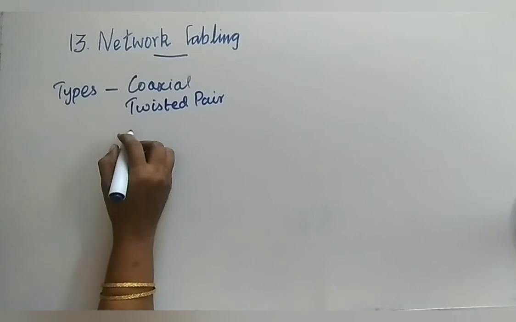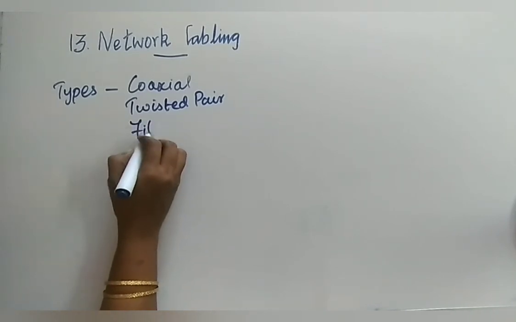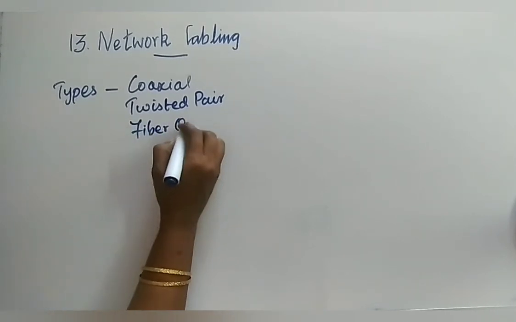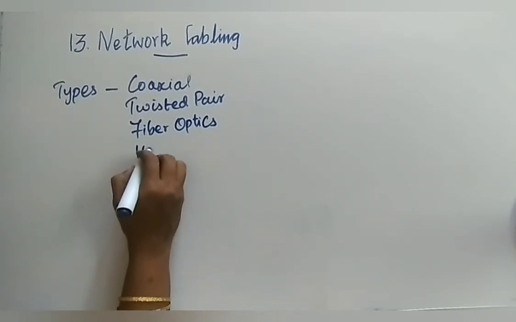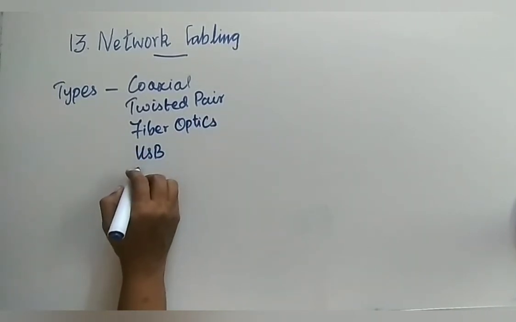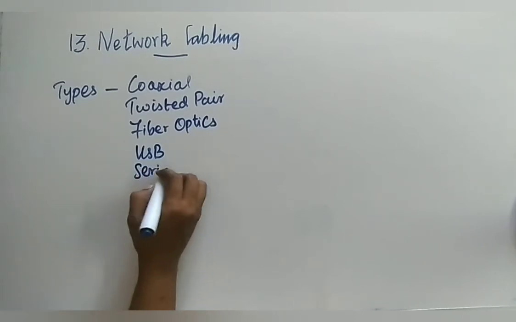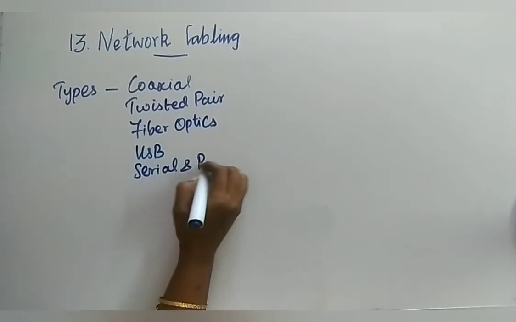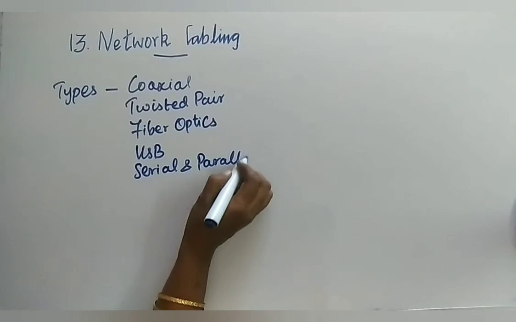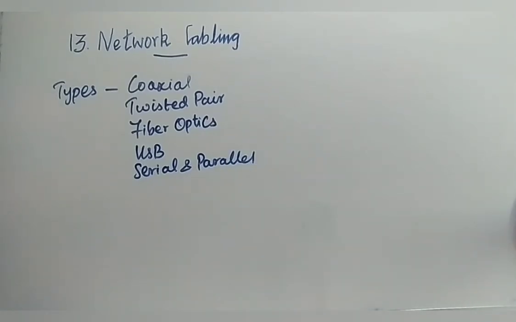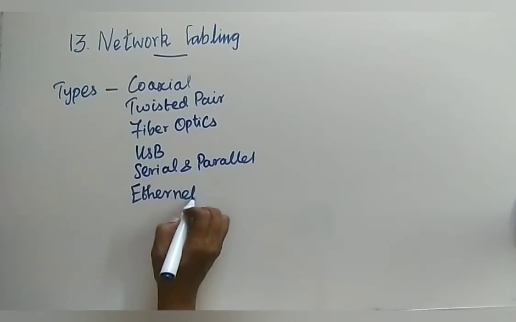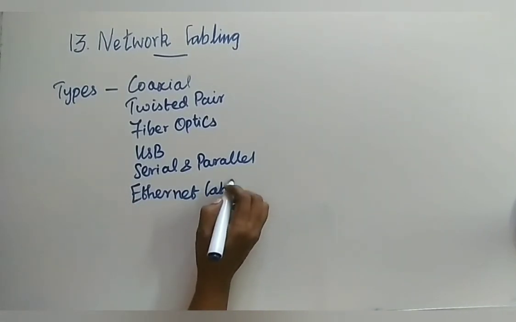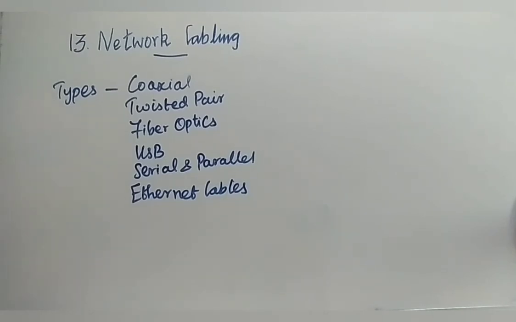Next, fiber optics. Next, USB cables. Next, serial and parallel cables. And the last, the sixth type, Ethernet cables. These are the types of cables that we have discussed.